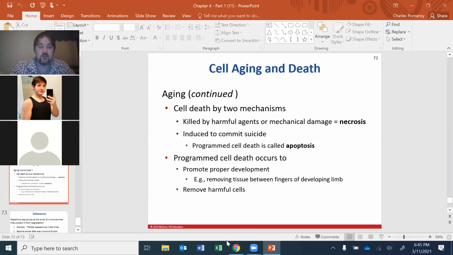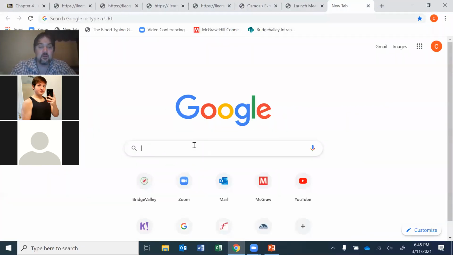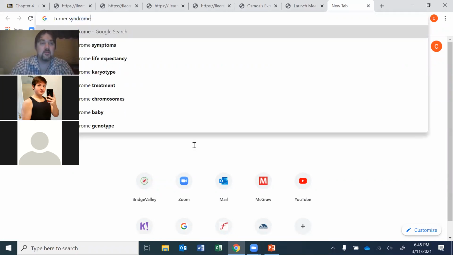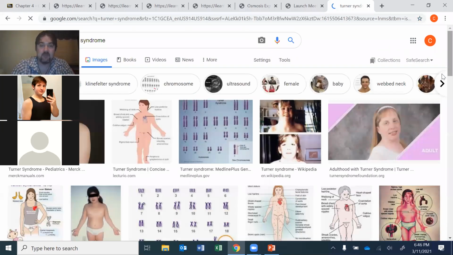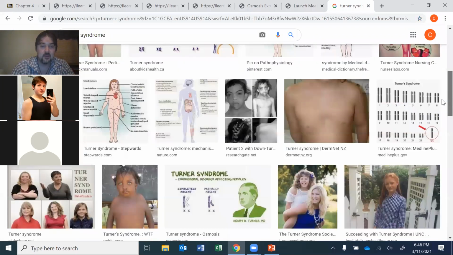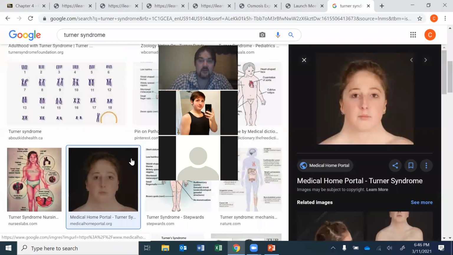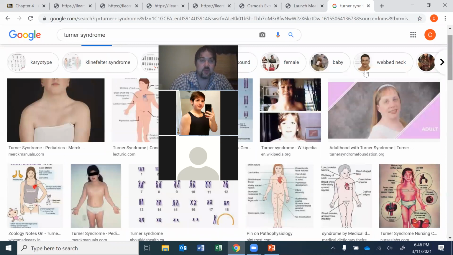It's actually very common in a condition called Turner syndrome, which is a female chromosomal abnormality. But Turner syndrome, a lot of times the girls have a webbed neck. And so that does fail sometimes. You can see it here, where that programmed cell death does not happen the way that it's supposed to. So you got the webbed neck.